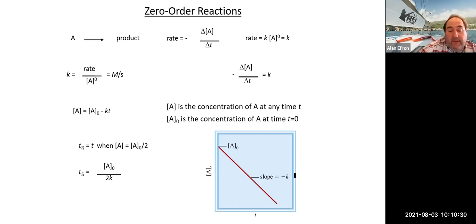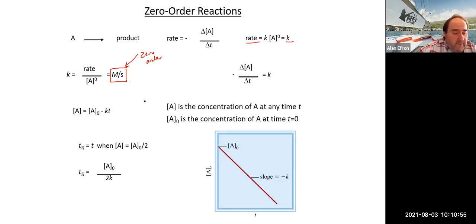That's why when we look at the rate law, where the rate is equal to k times A to the 0, basically the rate is equal to the rate constant, which means that the units we associate with a zero order reaction in terms of the rate constant are molarity over seconds.